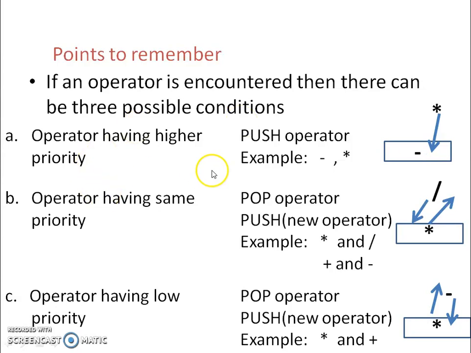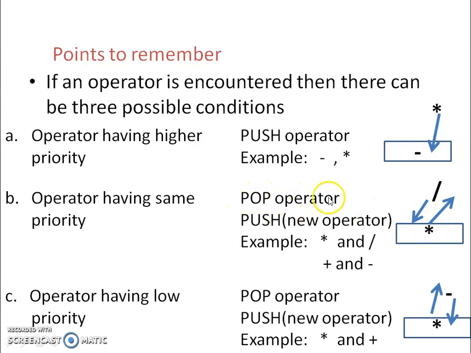Now the second possibility is that the operator you have encountered has the same priority. In such a case, what will you do? Suppose inside the stack there is a multiplication operator and you have encountered a division operator. In such cases, you first pop the operator which is already inside the stack and then push the operator which you have encountered.